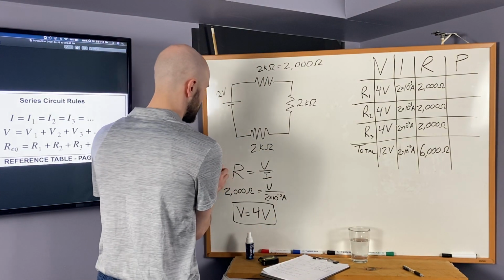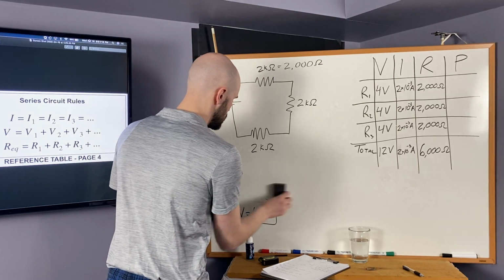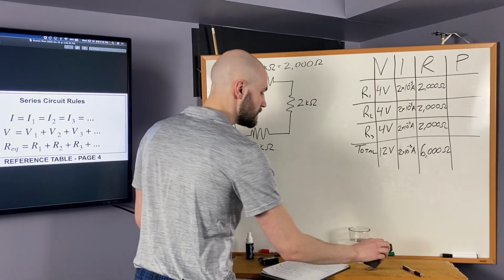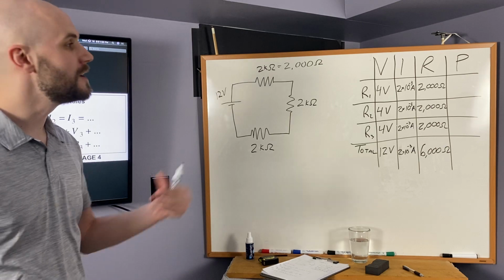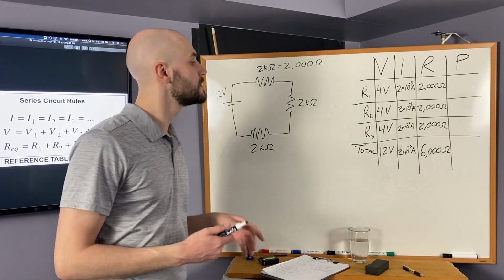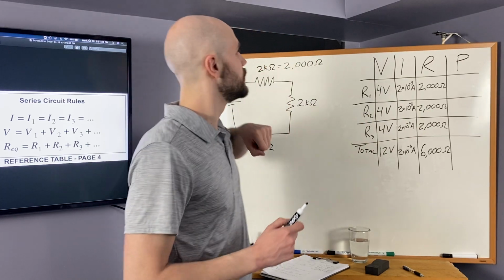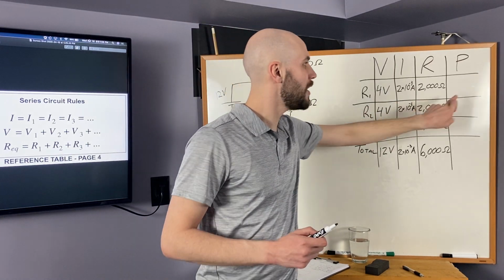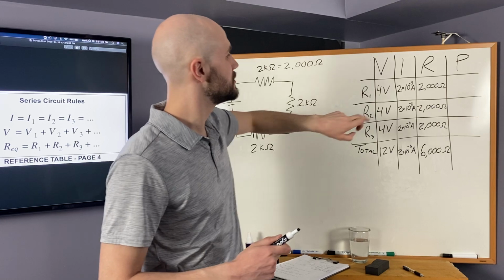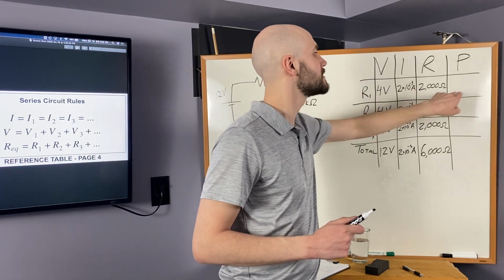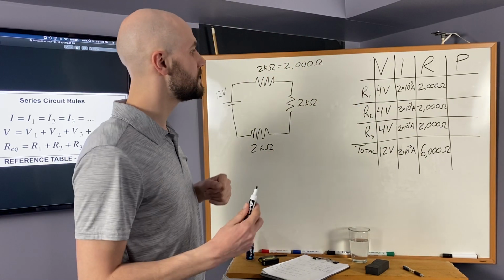Well, on our reference table, we have a bunch of different ways to calculate the power across any one of these resistors. We can do V times I to get power. We could do I squared times R to get the power. We could also do V squared over R to get the power. A lot of different ways to get there.